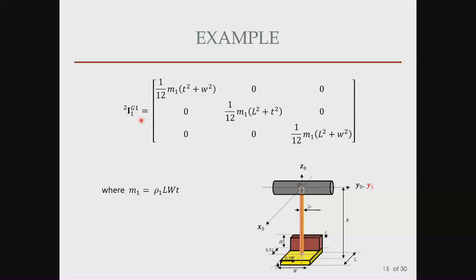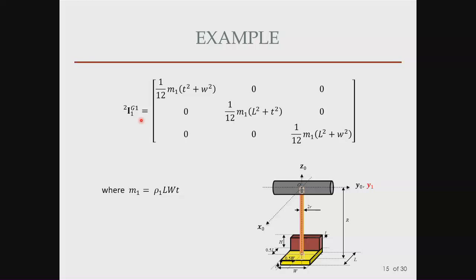Okay, and what I got so far, maybe I'll summarize it. So I got I part 1, for the rigid body I'm talking about point G1, so this is G1 in the center, in frame 2.